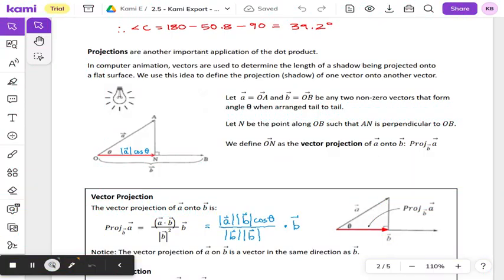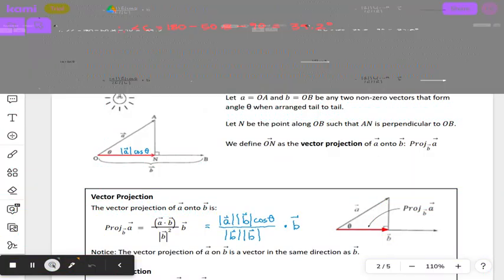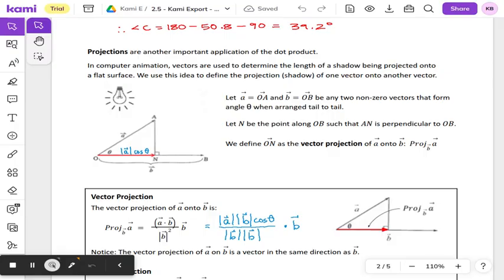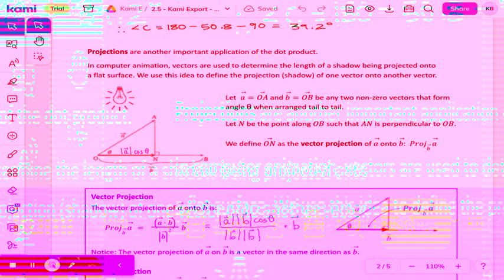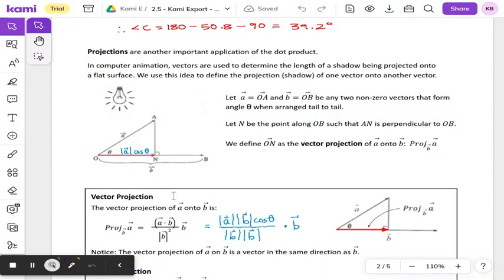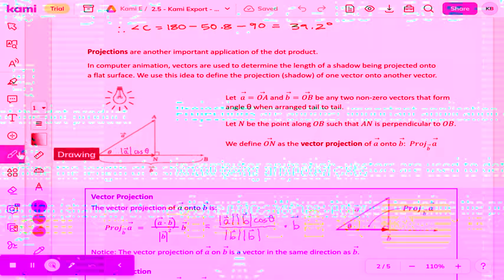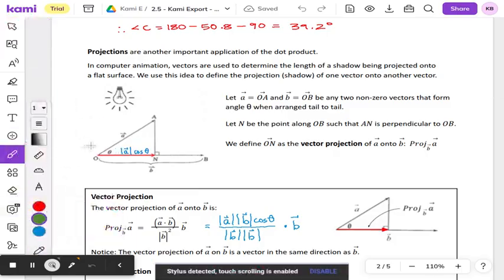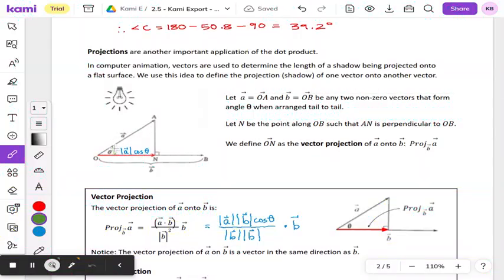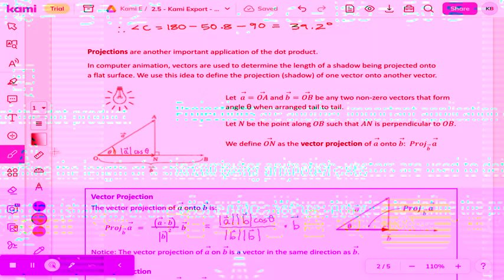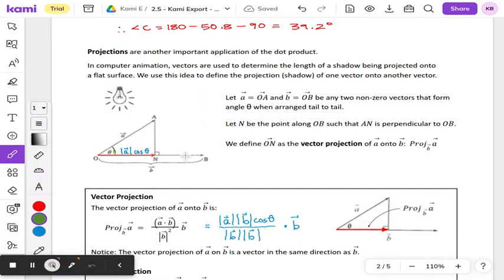And the direction in this case is the same direction as B, because this angle theta is an acute angle. So it's casting a shadow down on top of B. If it was an obtuse angle, the shadow it would be casting would be on negative B, so the opposite direction, but still along that same horizontal.